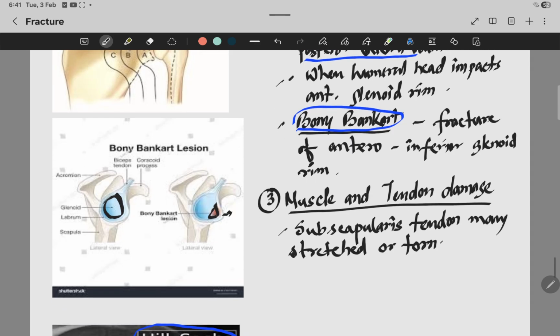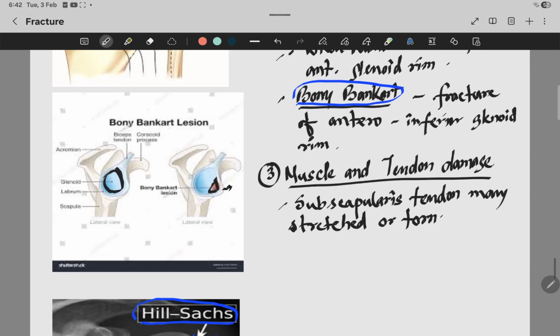Which tendon? The subscapularis tendon may stretch or tear. Sometimes in the elderly, the whole rotator cuff may tear, the whole rotator cuff in an elderly patient.